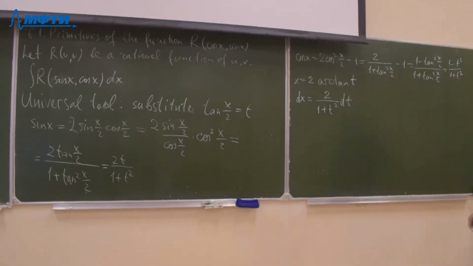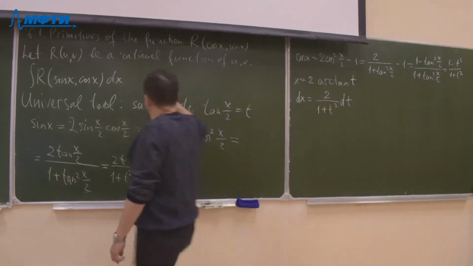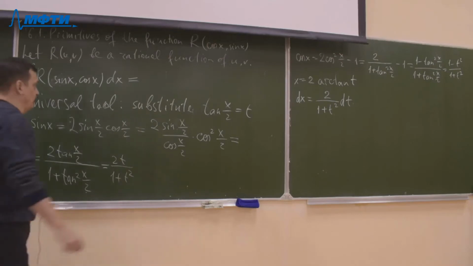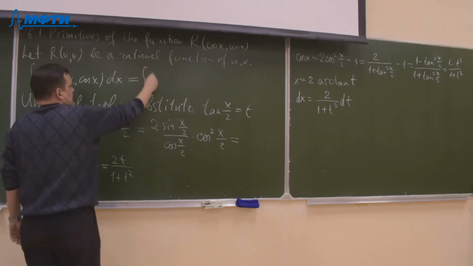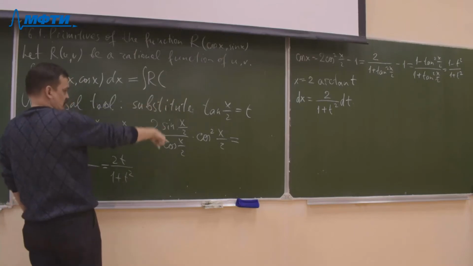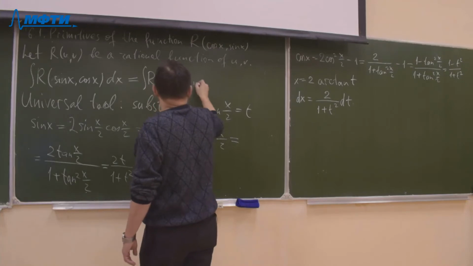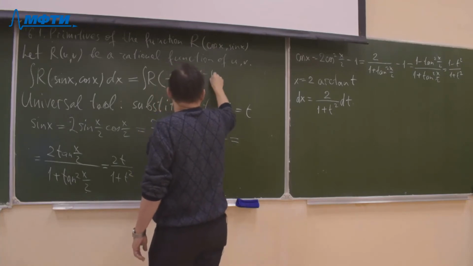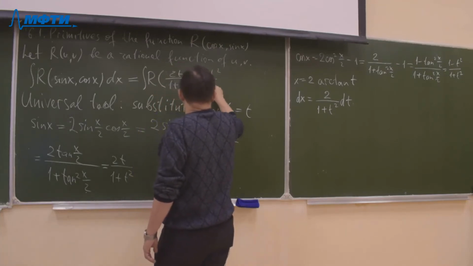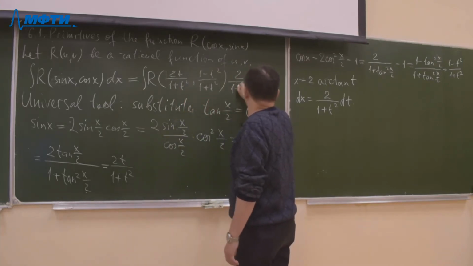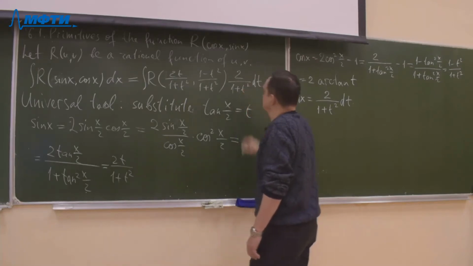So you see that after using all those expressions, but to say, the substitution is only one, we obtain the integral of R of sine, which is 2t over 1 plus t squared, cosine, which is 1 minus t squared over 1 plus t squared, and 2 over 1 plus t squared dt.